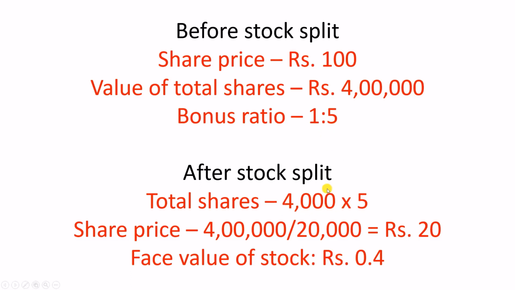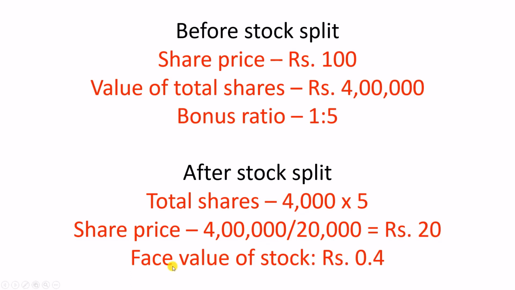So 4,000 shares in the market became 20,000 shares. But the total value cannot increase. So 4 lakh divided by 20,000 is 20 rupees. So each stock now costs 20 rupees.